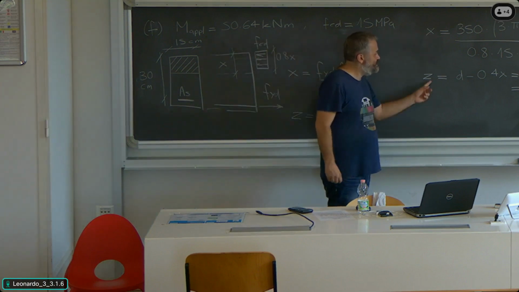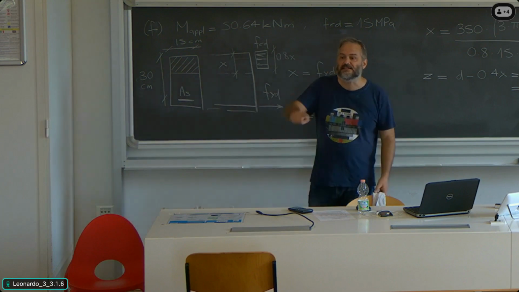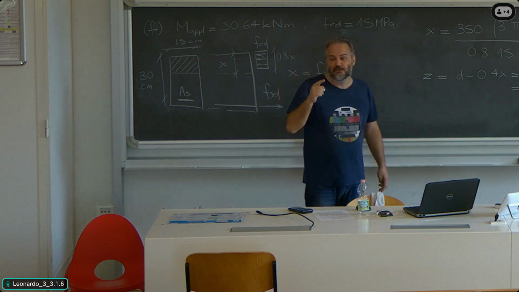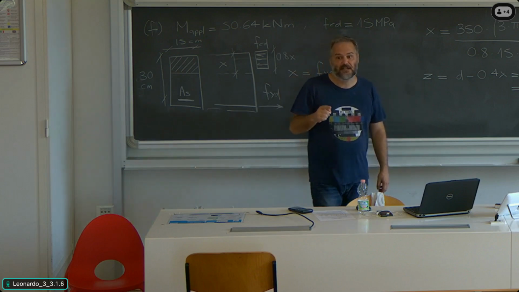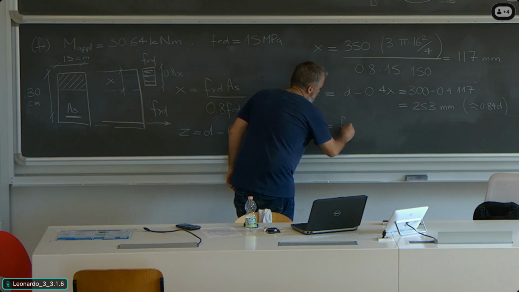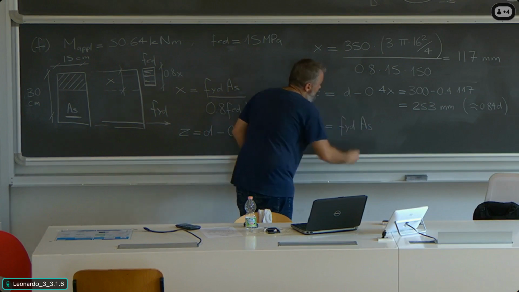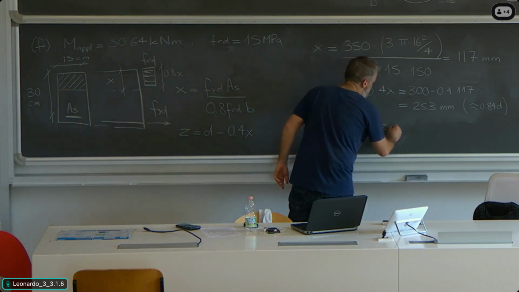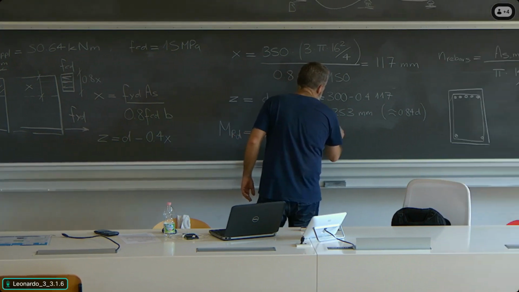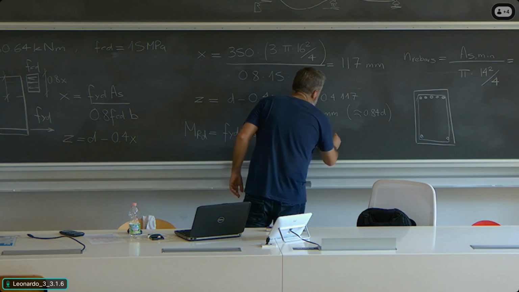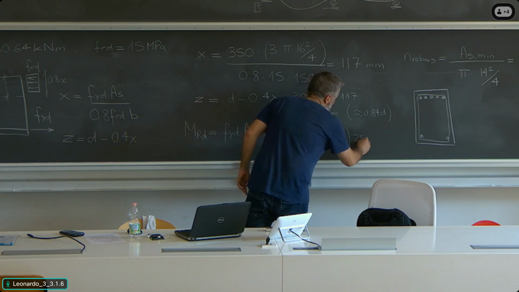If this is x and this is the internal lever arm, what will the resisting bending moment of this section be? Which means the maximum value of bending moment the section can sustain. Resisting bending moment, MRd, is equal to fyd times As, which is the maximum tension force in the reinforcement, multiplied by z. With our numbers, 350 multiplied by the reinforcement, 3 pi times 16 to the power of 2 divided by 4, multiplied by 253.